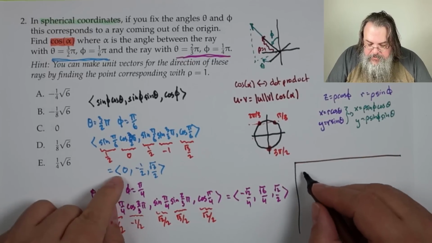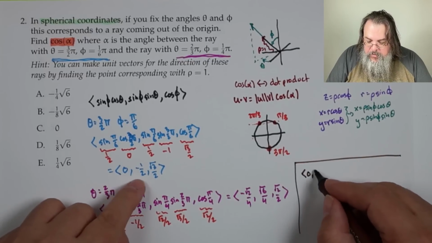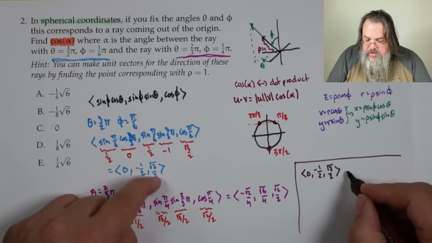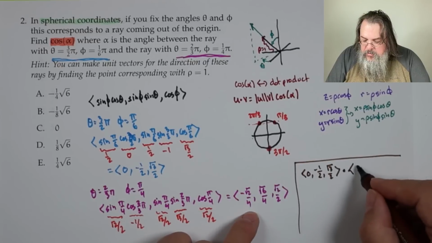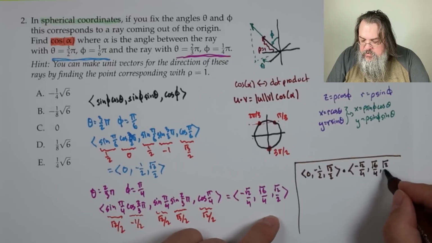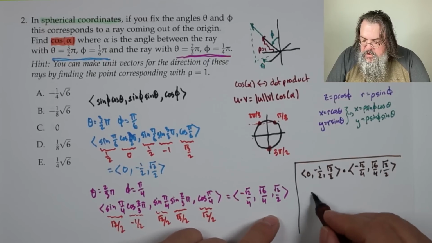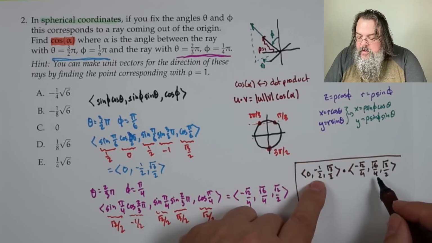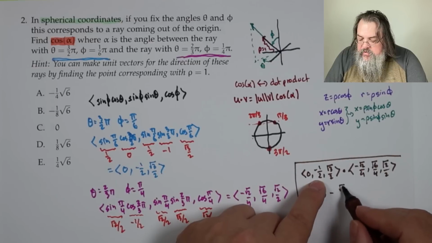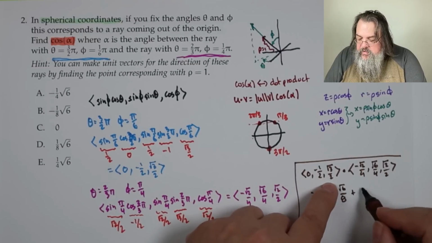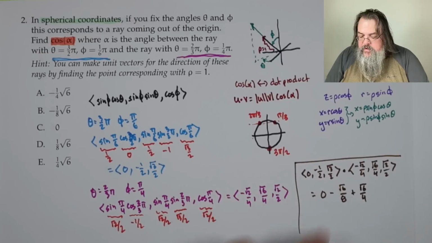So here we go. 0, minus 1/2, square root of 3/2, dot minus square root of 2 over 4, square root of 6 over 4, comma, square root of 2 over 2. So that's going to be 0 times, well, as soon as you get 0 times anything, minus square root of 6 over 8, and then plus square root of 6 over 4.